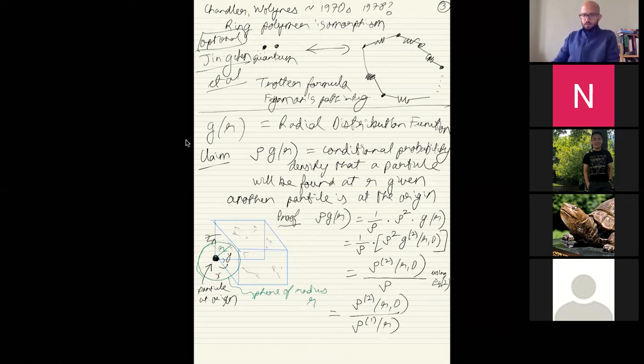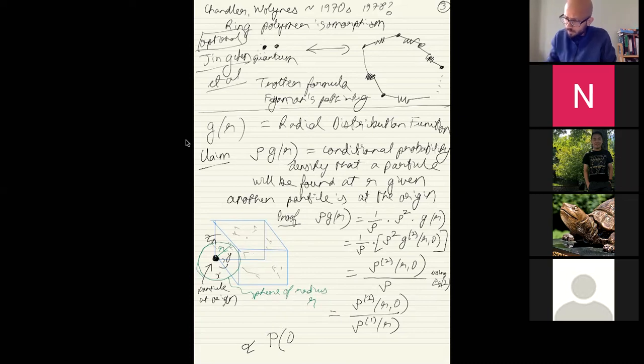This is proportional, and I'm saying proportional because I have to worry about the N that comes in the numerator and denominator, but this is proportional to the probability of finding a molecule or a particle at the origin.